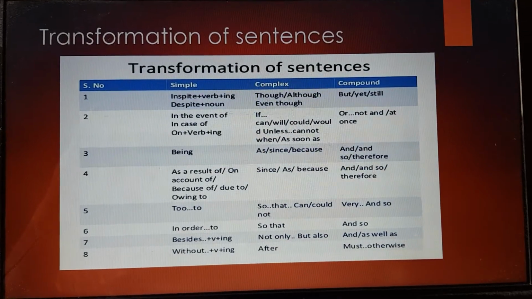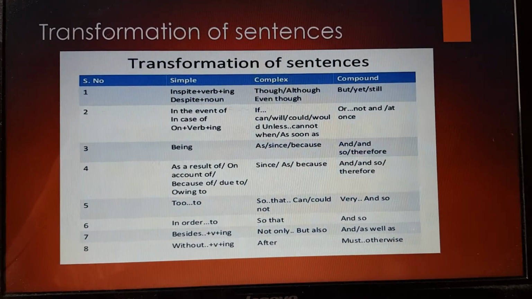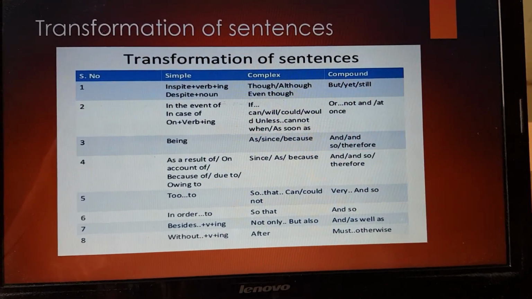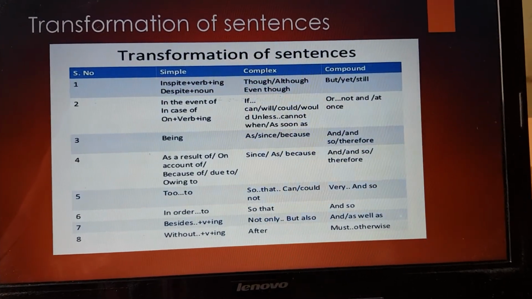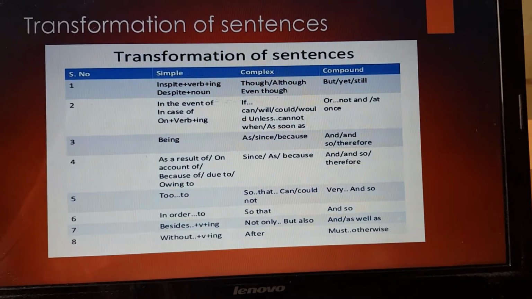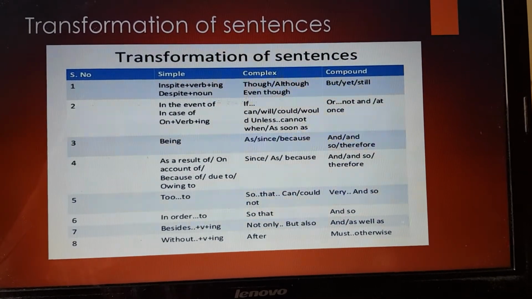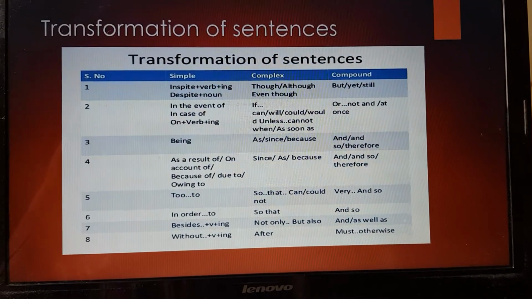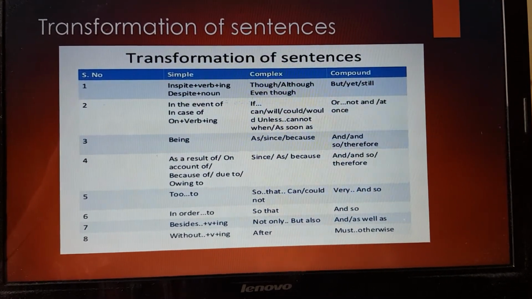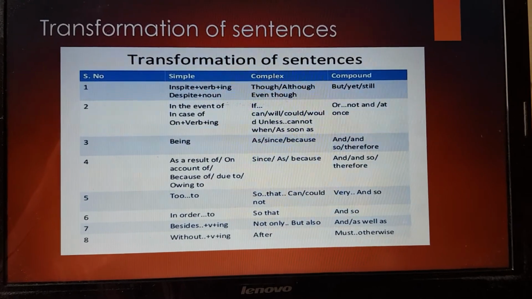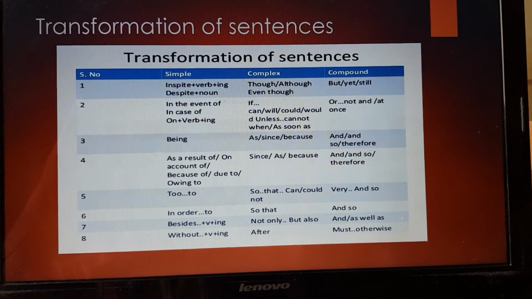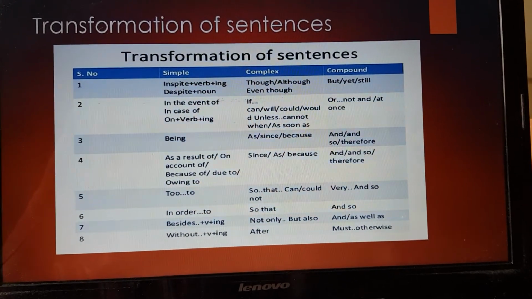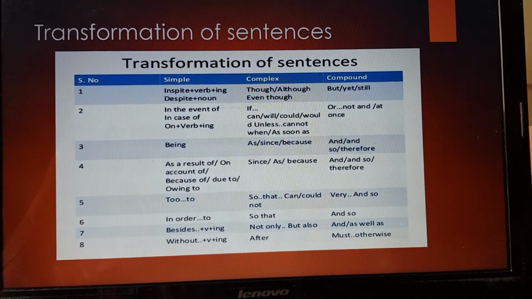You have all of these markers: inspired, despite, in the event of, in the case of, being, as a result of, on account of, because of, due to, owing to, in order to, besides, without. All of these you can find only in simple sentences, right? Whenever you find simple sentences with these markers, you can easily transform them into a complex sentence.